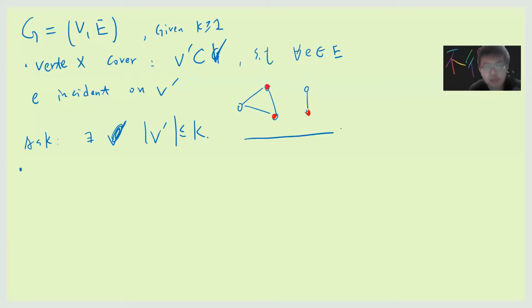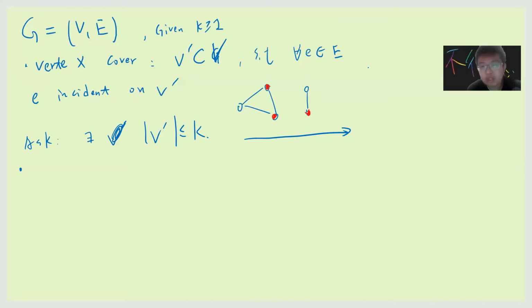Let me remind you that in NP completeness, this k is not limited. When I say vertex cover is NP complete, I mean that for every k from 1 to the number of vertices, you can change it arbitrarily.